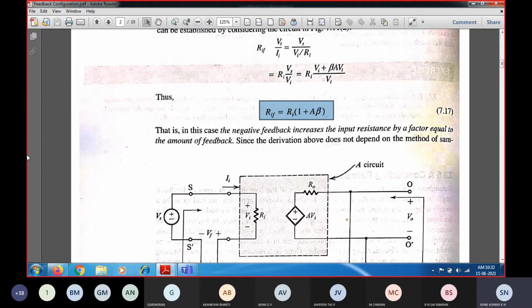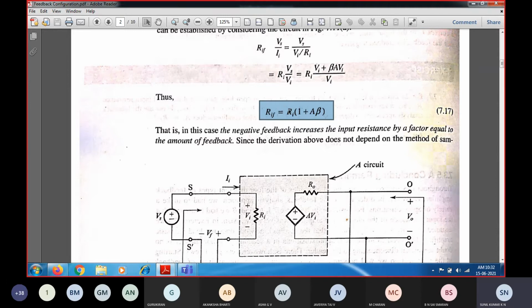Without feedback, the input resistance was equal to Ri. Now the input resistance with feedback in this series shunt configuration increases by a factor of 1 plus A beta. So what is the general scenario in the selection of an amplifier? High input impedance is required.